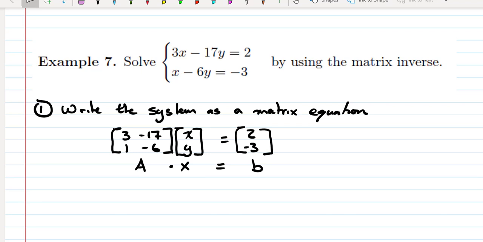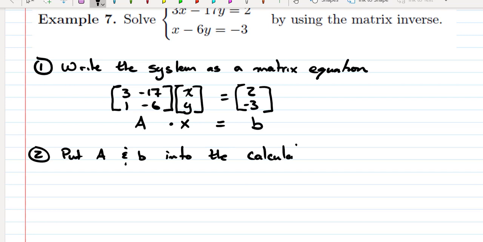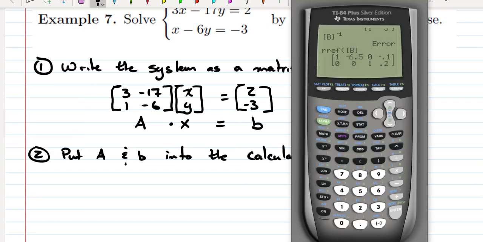Then step 2 is we put A and B into the calculator. So we grab our calculator, go second matrix, go over to edit.